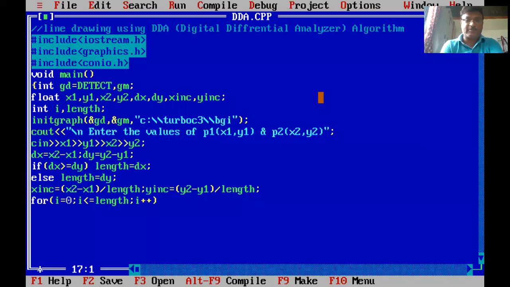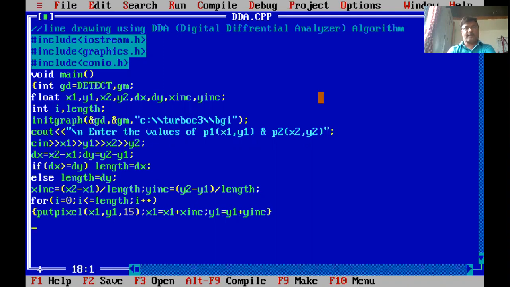Then here I am going to put putpixel. Putpixel takes x1, y1, and then your color is 15, or you may type it in capital letters. x1 is equal to x1 plus x increment, y1 is equal to y1 plus y increment, then close your loop. Then here you have to put getch, closegraph, and then close the main.